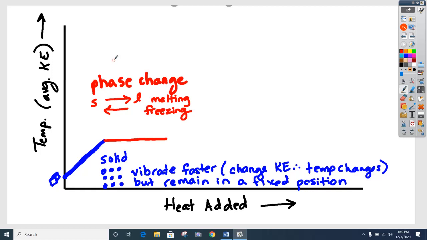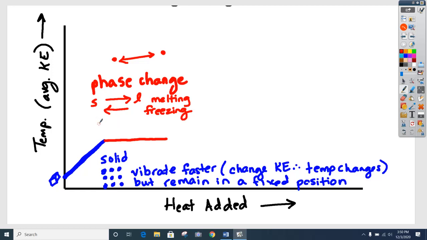You have to change their spacing. You have to take the molecules and you have to spread them apart from each other, meaning you have to change the distance or the spacing between molecules. Well, energy due to something's position or location or spacing is not kinetic energy, it's potential energy.